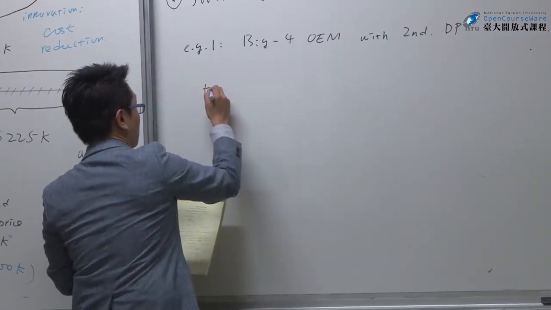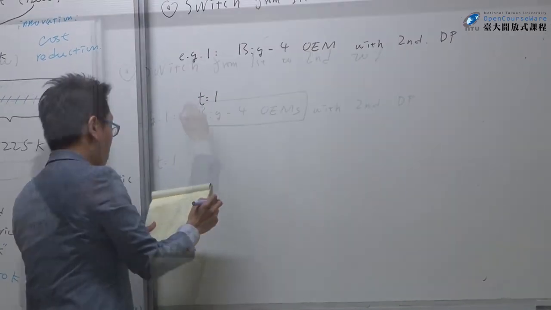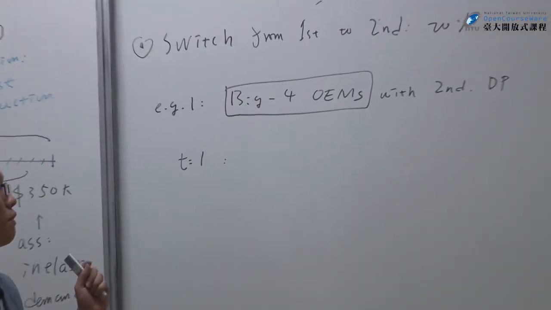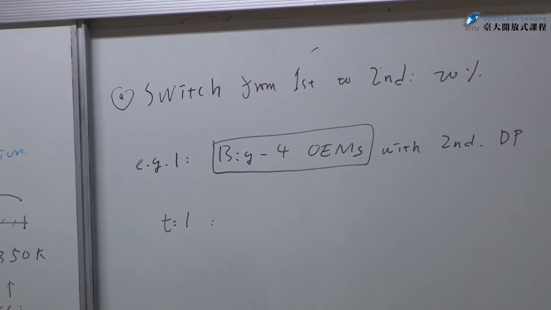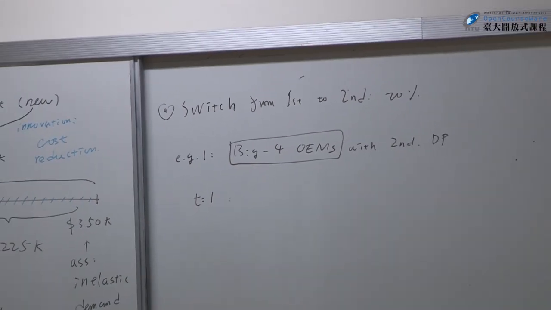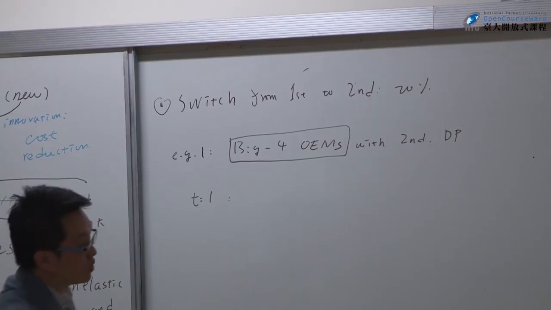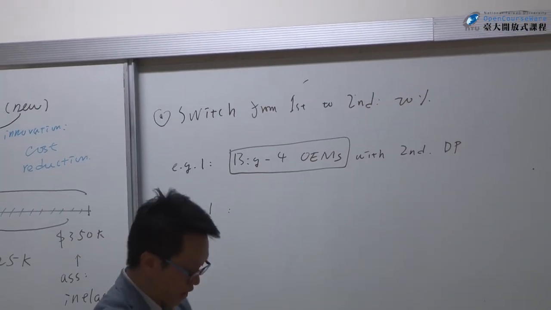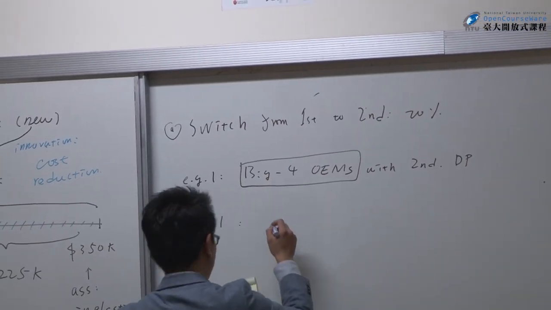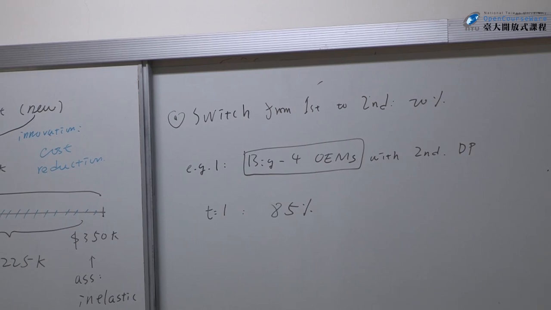We start to work on year one. T equal to 1 means year one. Now we have assumed all the Big Four OEMs will manufacture new generation DP. If we sum up their market share together, now their market share is 85%. 40 plus 25 plus 15 plus 5 is 85.